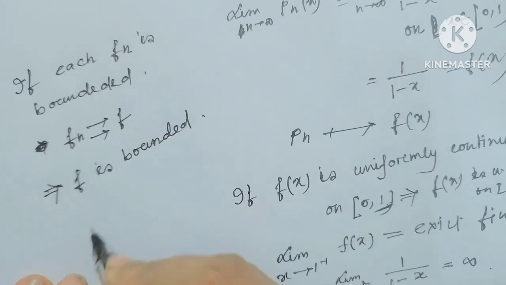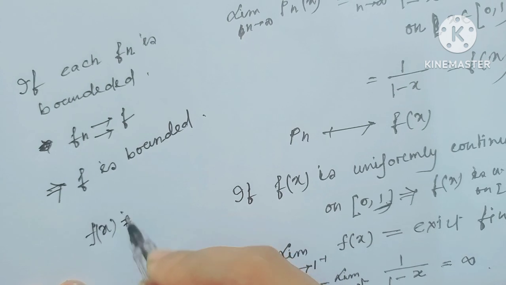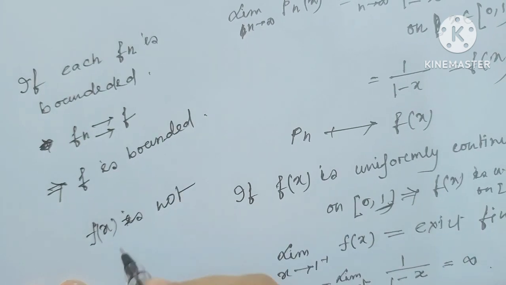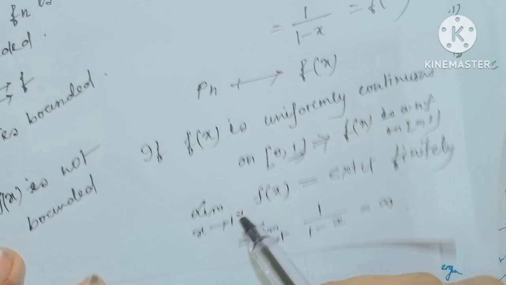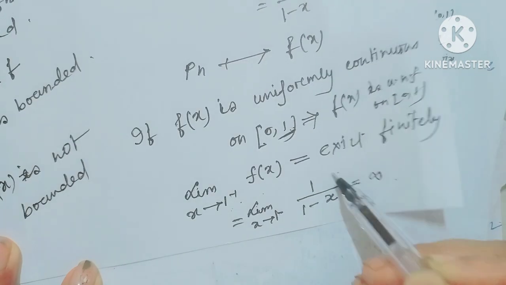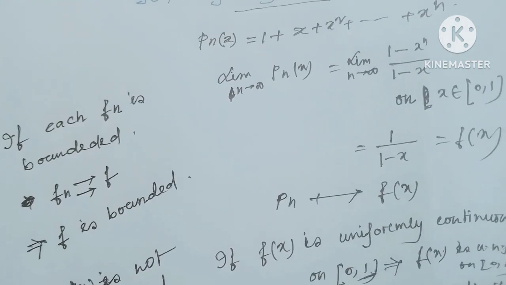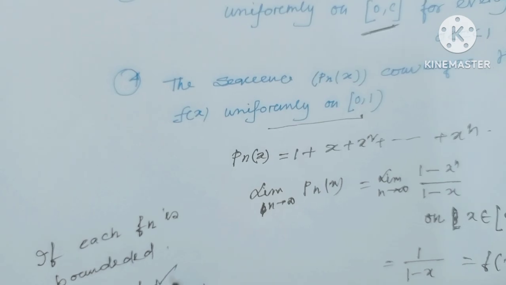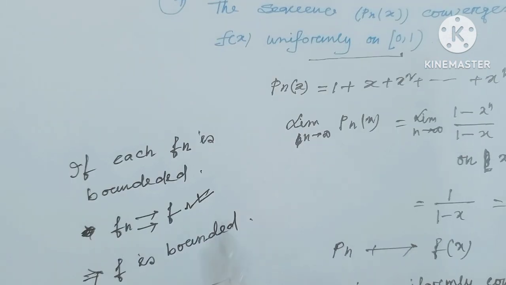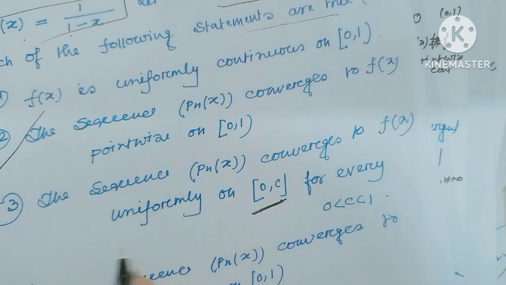But f(x) is not bounded, because as x tends to 1 from the left, this value does not exist finitely; it is infinite. Since f(x) is not bounded, fn does not converge to f uniformly. So option 4 is also a wrong option.